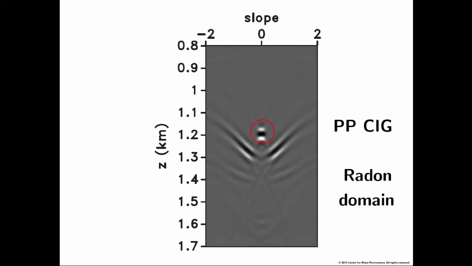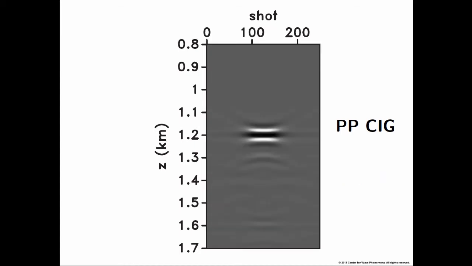So by applying a very simple mask, we only keep the events at slope 0, and the other events with large slope are muted. Then we convert it back into our original domain, and in this domain you can see most of the artifacts have been removed, and the true reflector is preserved.